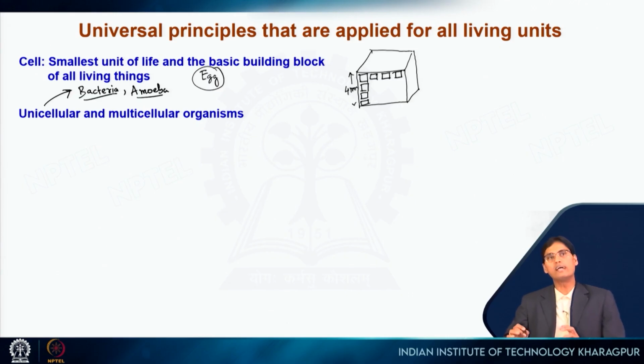But whether it's unicellular or multicellular, they have very similarities at the cellular level, and they have their own information in terms of genetic material, and they properly function, and that's why all of these living entities perform their specific job.